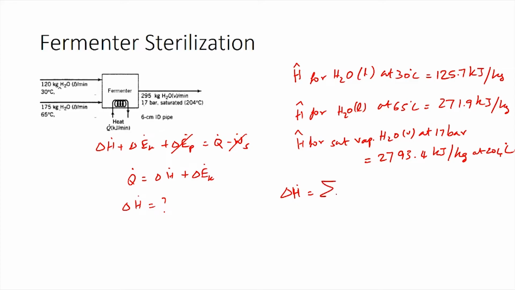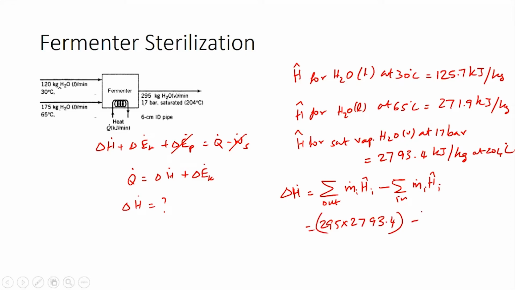Delta H dot is equal to sigma of outlet streams m dot H cap minus sigma of inlet streams m dot H cap. So, this would be 295 times 2793.4 minus 120 times 125.7 plus 175 times 271.9.